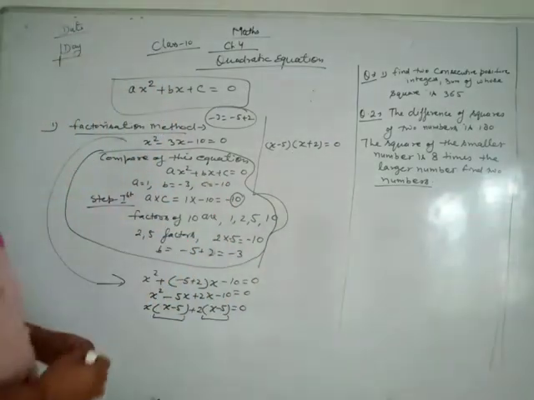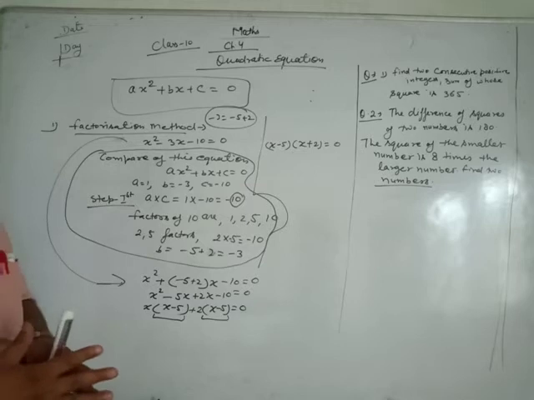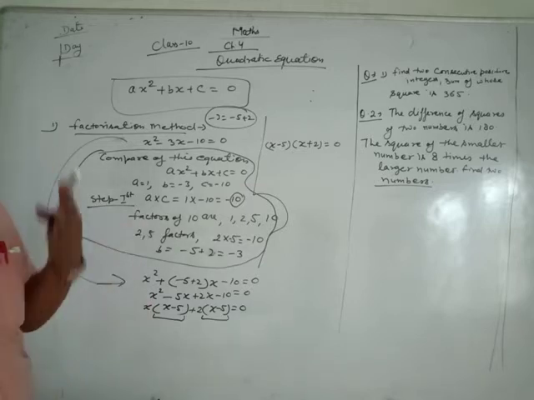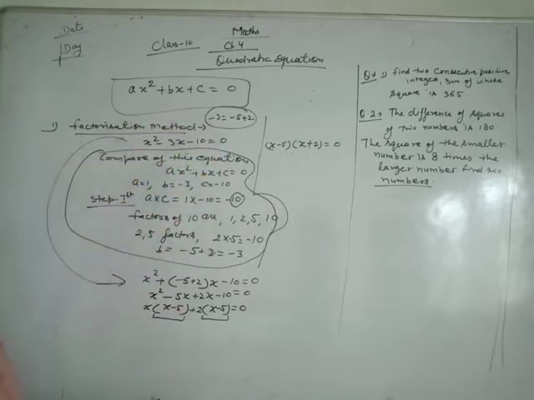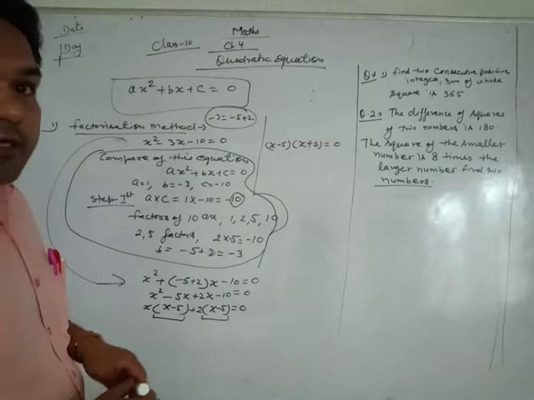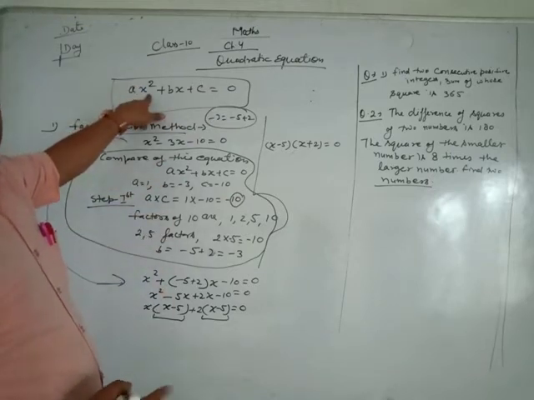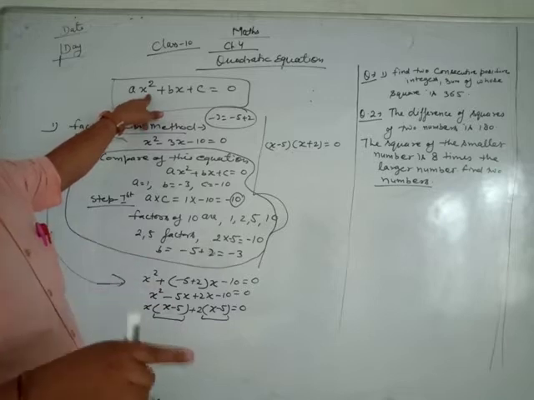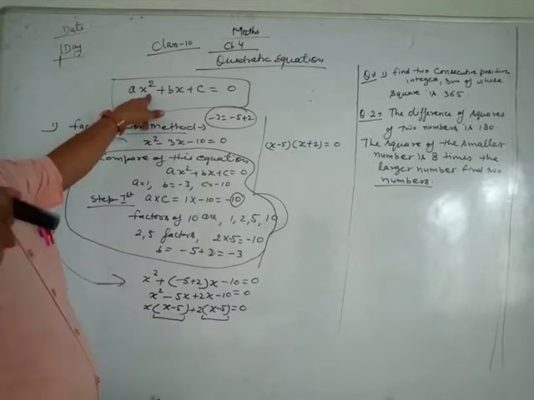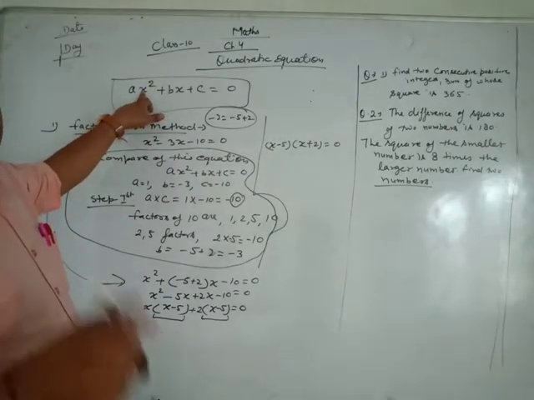Then we have found the two roots of the quadratic equation, two values of x. If the highest power of the variable is 2, it means there should be two values of the variable. Here a quadratic equation has two values.